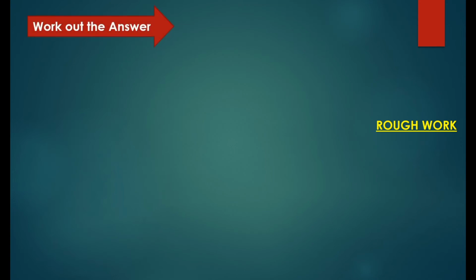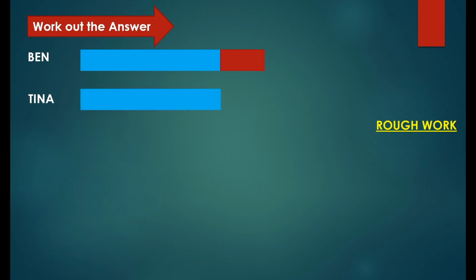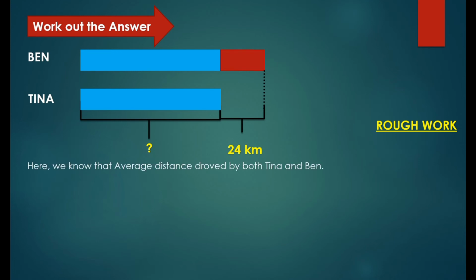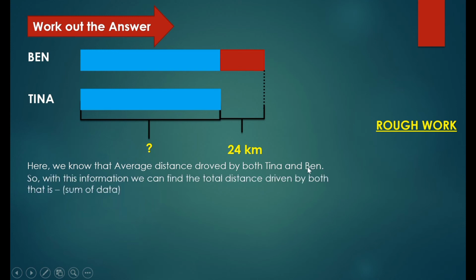Now you have to work out the answer. So now you can see the bar model which I have drawn, which I showed earlier in the plan. You need to show this bar model once again when you are working out the answer. So we know the average distance driven by both Tina and Ben.